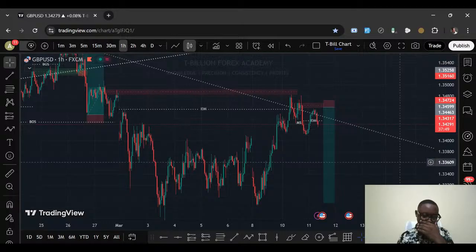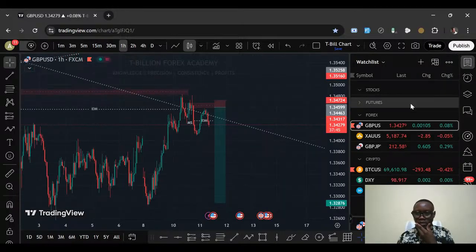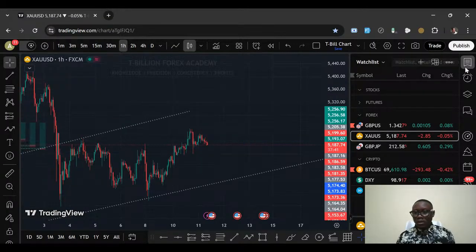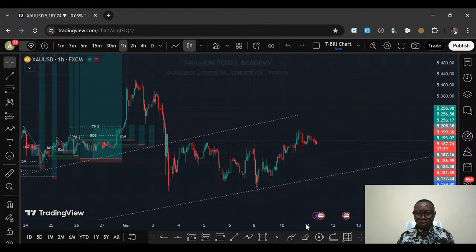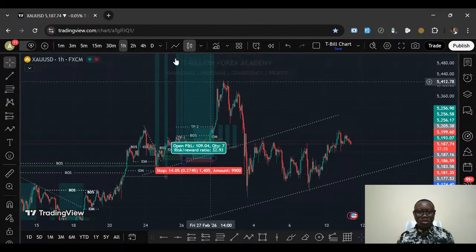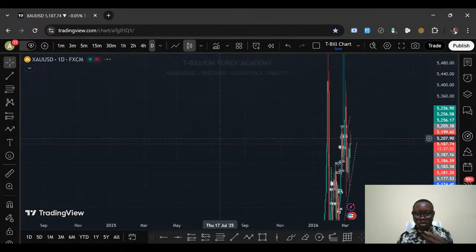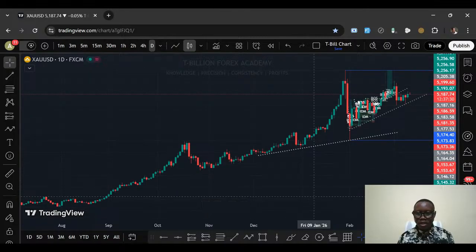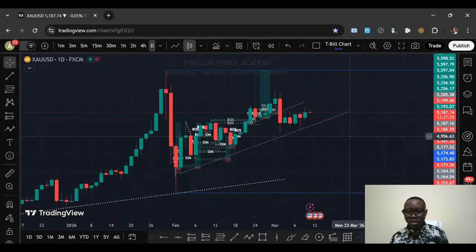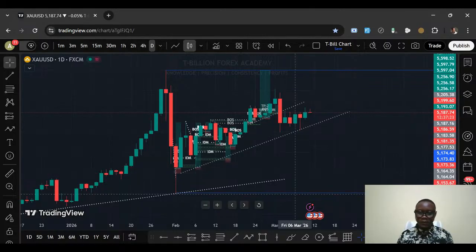All right, so let's head to XAUUSD. I want to keep things really simple and fast. So on XAUUSD, again, I've been able to establish my trend direction, and our overall trend direction on gold is still bullish, as you can see.